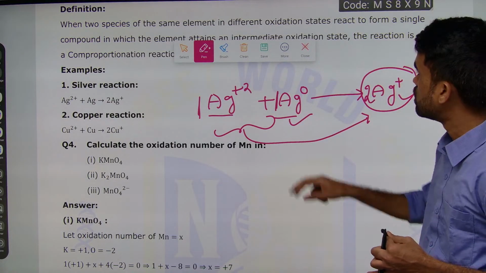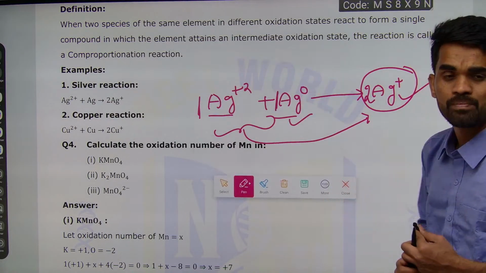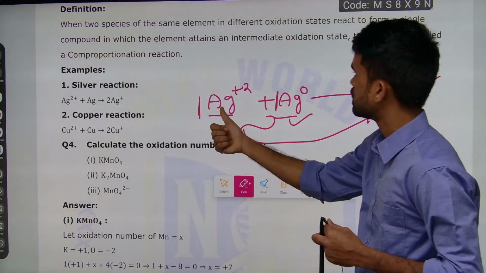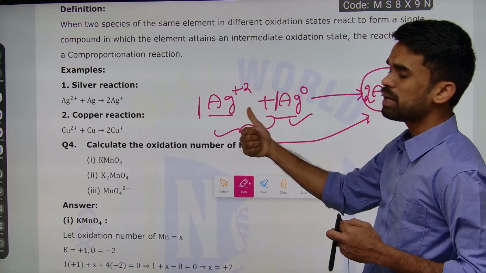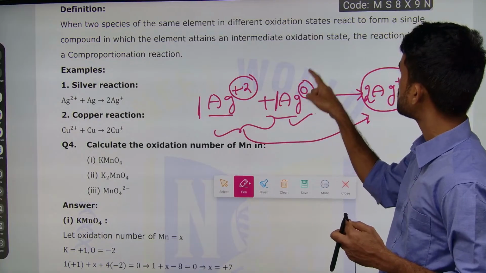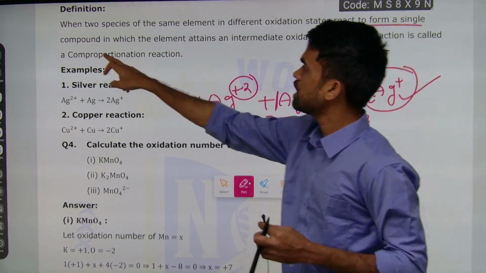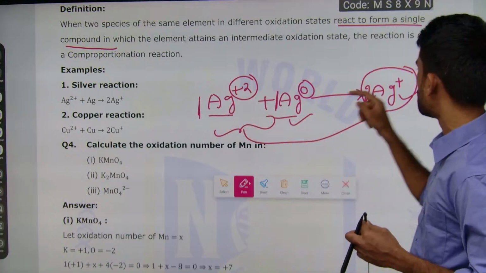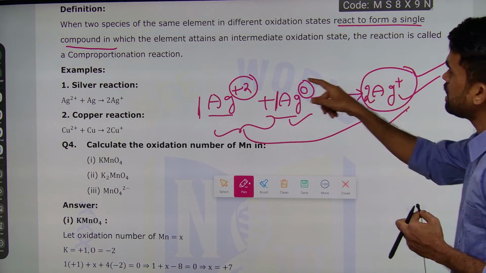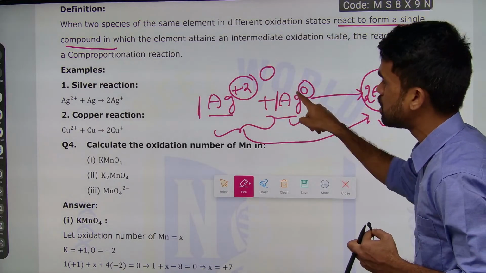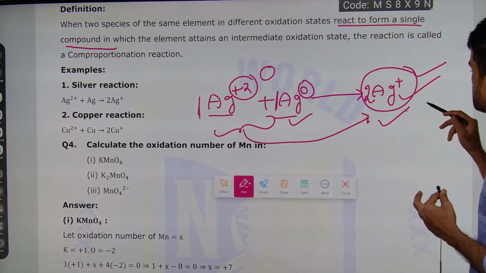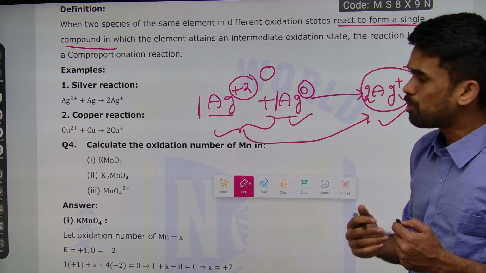So read this statement: when two species of the same element having different oxidation states react to form a compound containing a single oxidation state, which is an intermediate between these two individual oxidation states, then you can say this reaction is the best example of a comproportionation reaction.